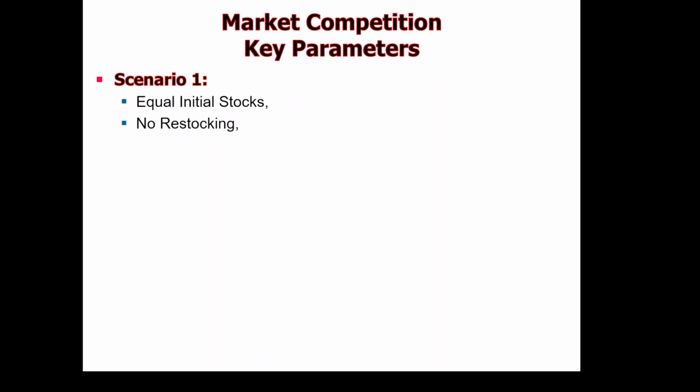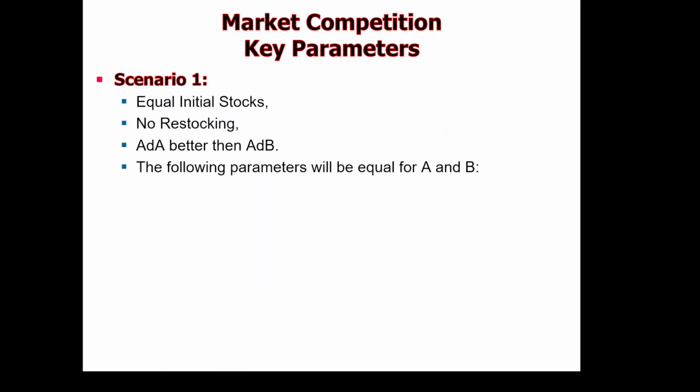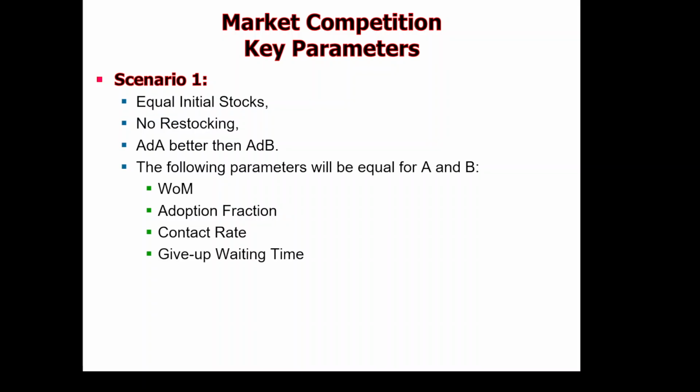So there will be a stock which would be consumed, and there will be no restocking, and we will assume that advertisement of A is better than B. There will be some parameters which will be equal for both A and B, for instance, the word of mouth, the adoption fraction, the contact rate, and the give up waiting time. If you're not understanding any term here, let's say give up waiting is something new, we will discuss it in the next slide, so don't worry.